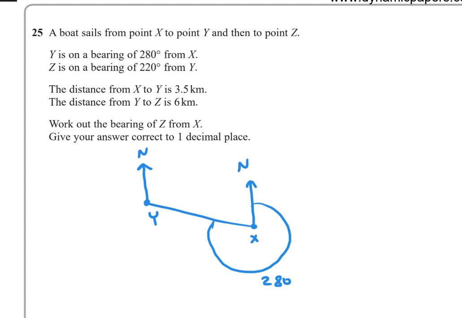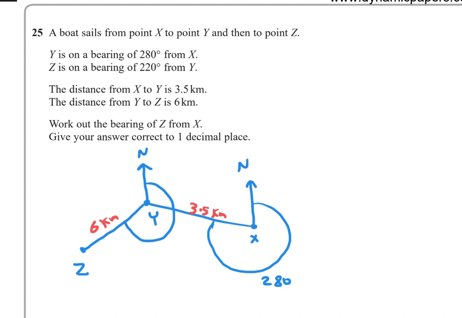So this angle is 220, and we can consider this Z. Now the distance from X to Y is 3.5 kilometers, and the distance from Y to Z is 6 kilometers.